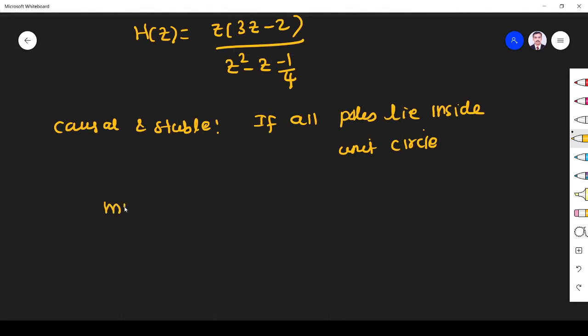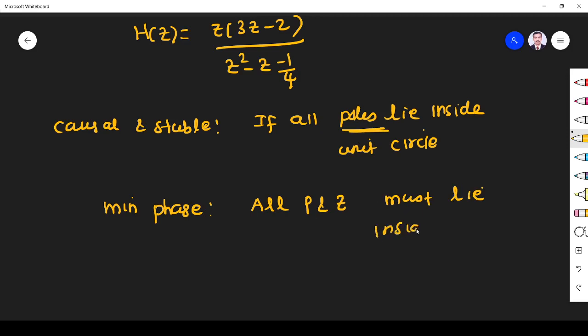A minimum phase system is one in which all poles and zeros must lie inside the unit circle. Here only poles, there poles and zeros must lie inside the unit circle.